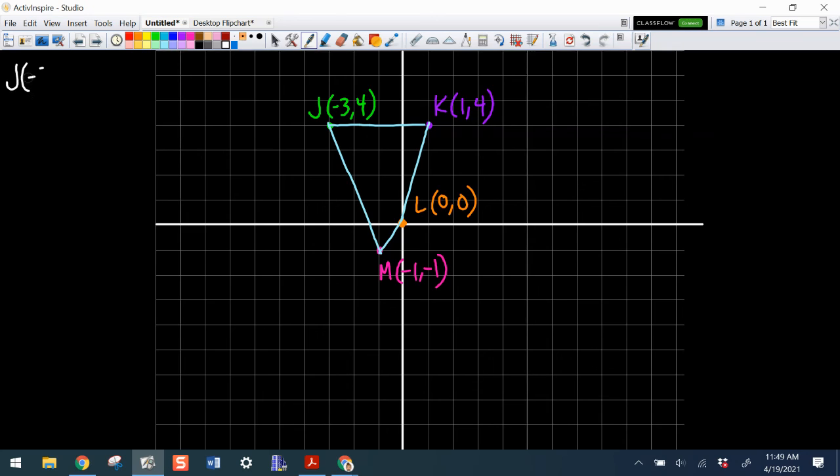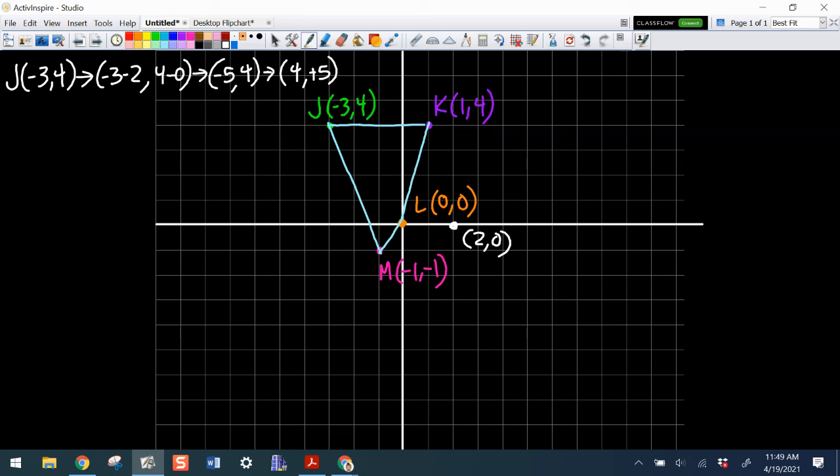So J is located at (-3, 4). So we're going to subtract our center. I'll go and graph that again if you want me to, if it would help. So we're going to subtract 2 from our x and subtract 0 from our y. That gives (-5, 4). Now for a 90-degree clockwise rotation, we're going to swap x and y and change the second sign.